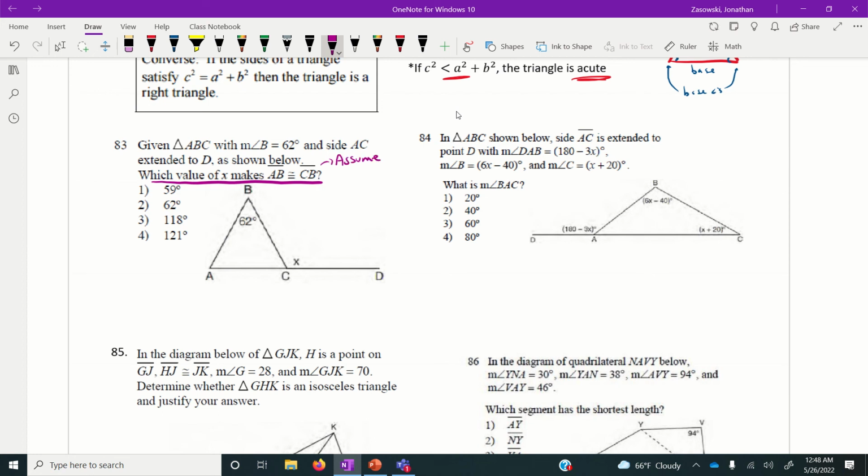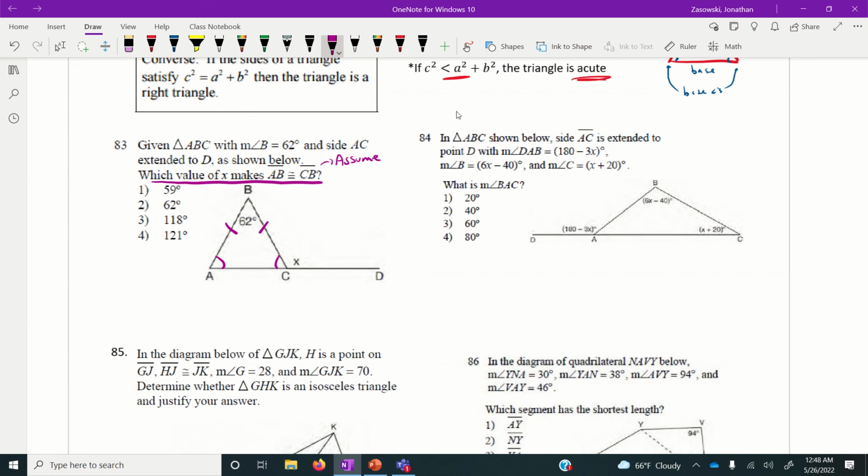So count it as a fact, and then figure out what x has to be if that fact is true. So if AB and CB are equal, that makes our triangle isosceles, and the two base angles in the corner have to be equal. So if we can figure out the measure of these angles, then we can get x, and we'll be done.